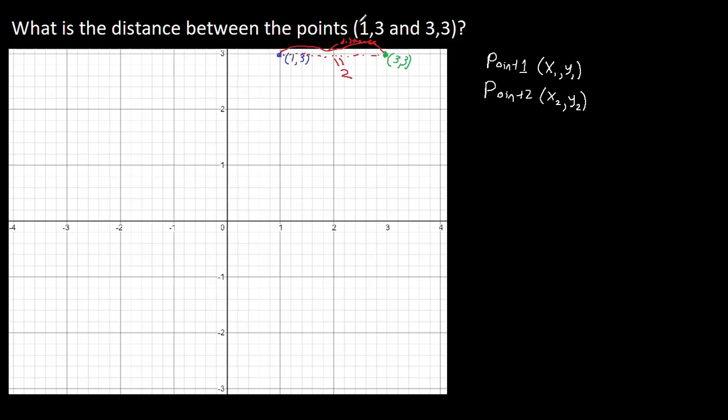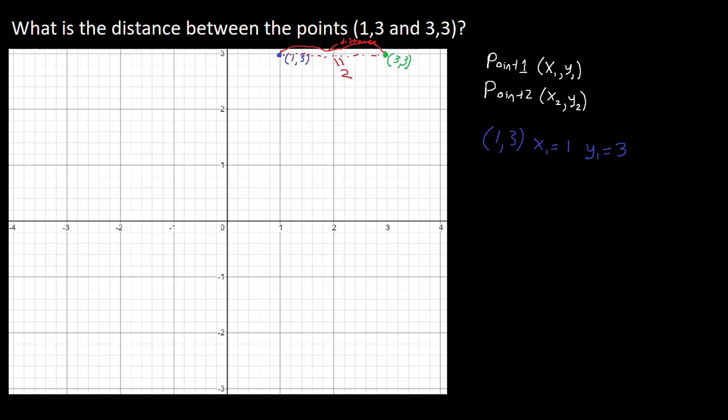Right? So in this case, our point 1, we'll do this in blue to be consistent, is (1, 3). So x1 equals 1, y1 equals 3.